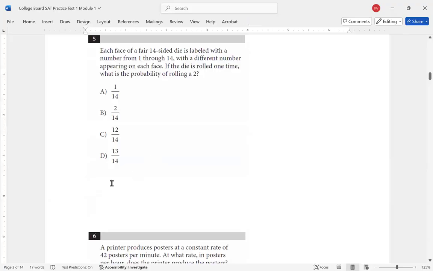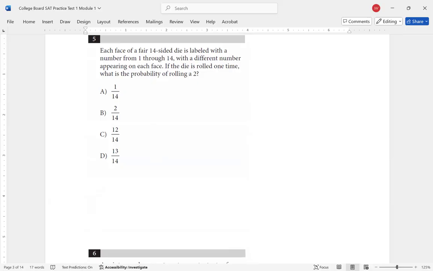Question number 5 says each face of a fair 14-sided die is labeled with a number 1 through 14, with a different number appearing on each face. If the die is rolled one time, what is the probability of rolling a 2?